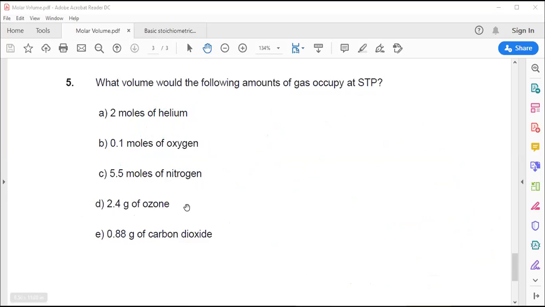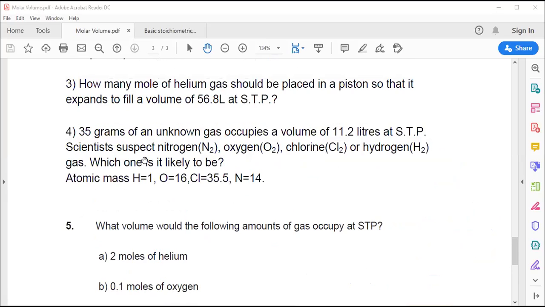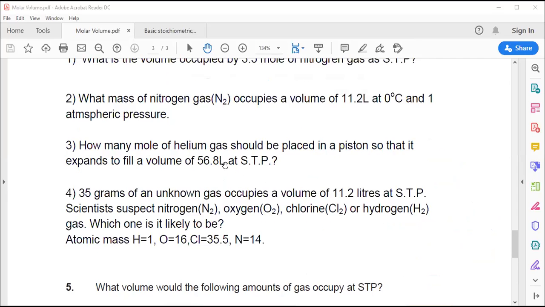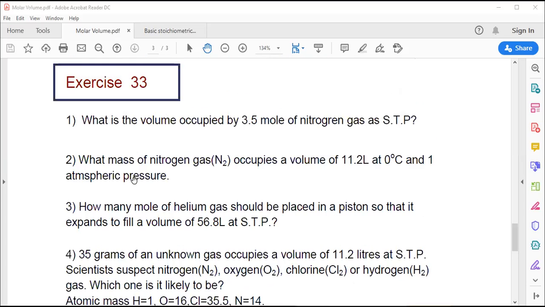So it's 5, 10, 12, 14, 16. 16 plus 6, that's 22. 22 plus 3, that's 25. 25 plus 5, that's 30. Plus 3 is 33. Your total is 33. Give a total out of 33.